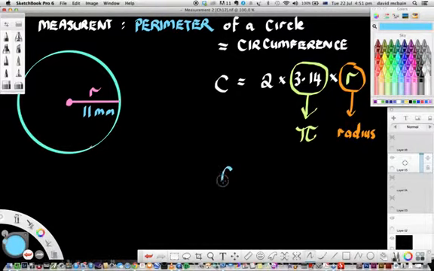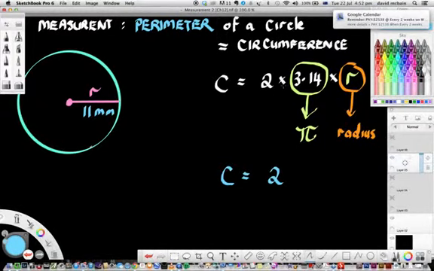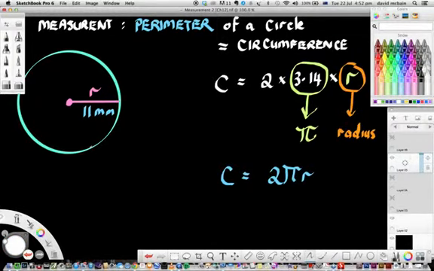So the circumference of any circle is equal to 2. Now in algebra, remember, we don't need to worry about the times. So 2 times pi times r. 2 pi r is the formula for the circumference of a circle. So in this case, the circumference of our circle will be 2 multiplied by pi.